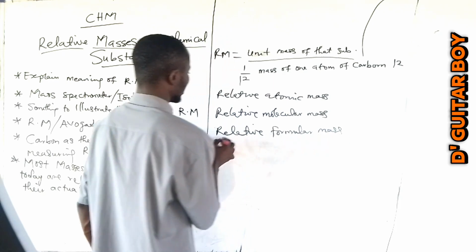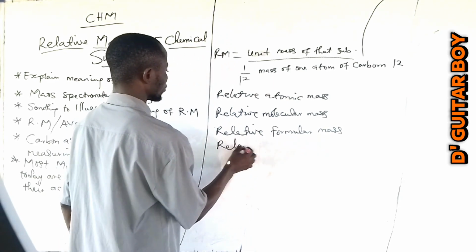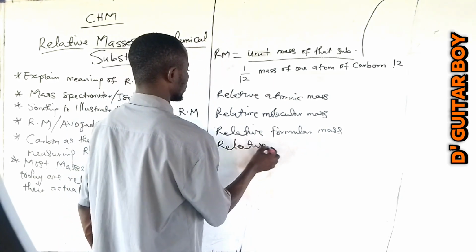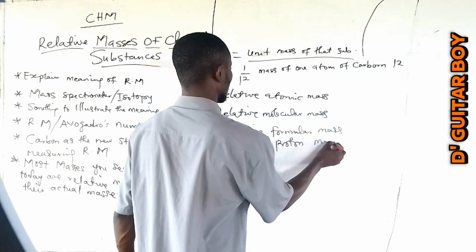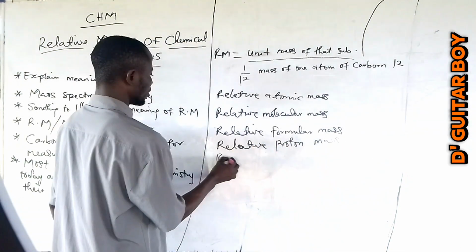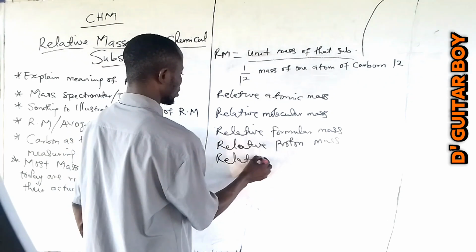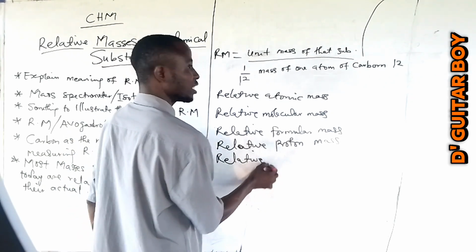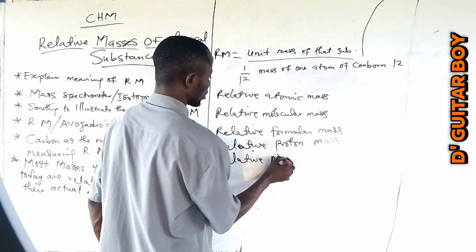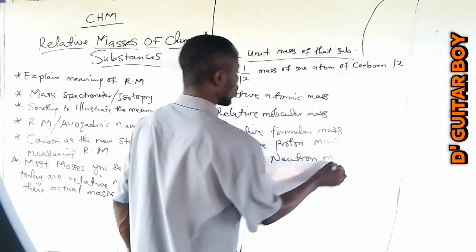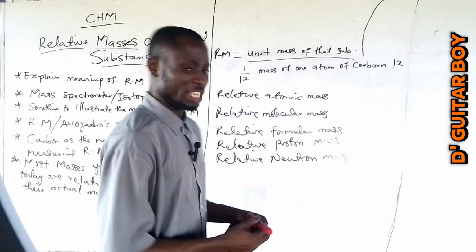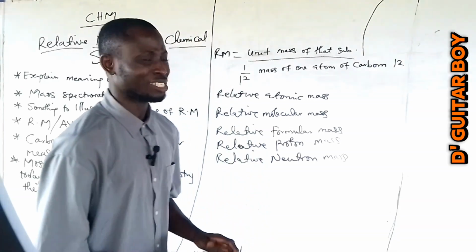We can say relative proton mass. We can say relative neutron mass. So every mass you see in chemistry today are relative masses, not the actual masses.